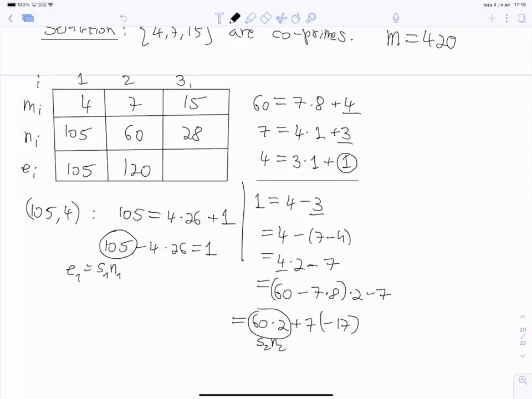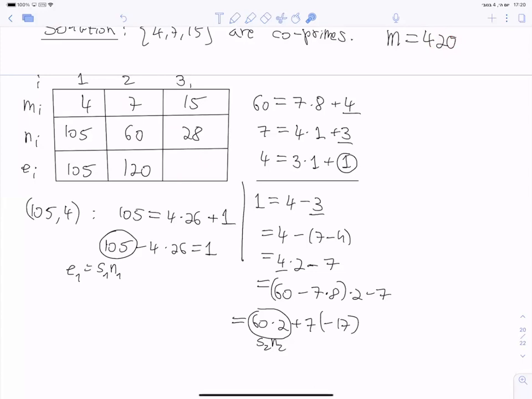Let us check. 120 modulo 7. Okay, so you have 17 and 49. Yes, it's 1. And these two are 0. Now, if you happen to get something negative, then you take a positive representative. I mean, you add 420. This is the basis.